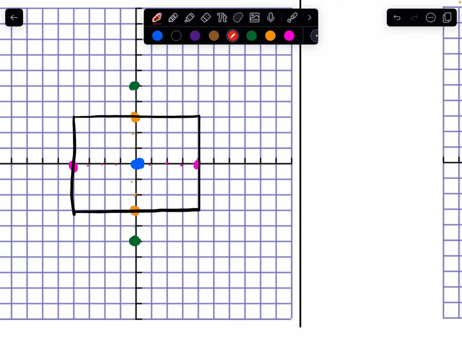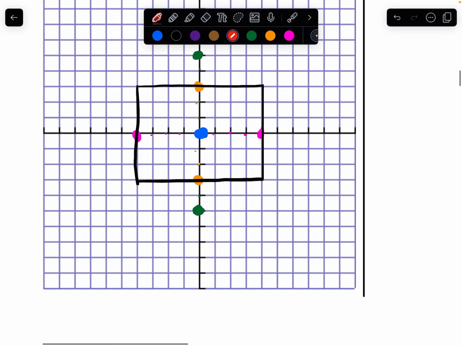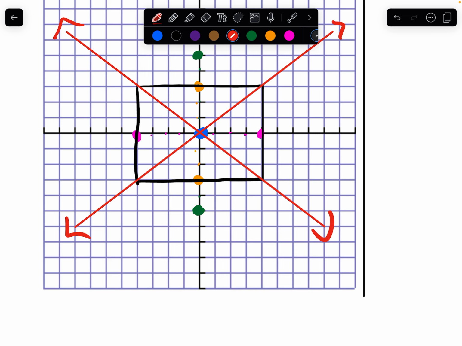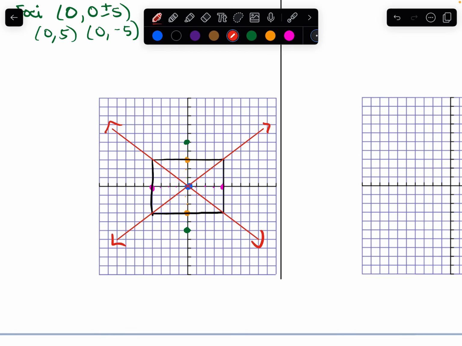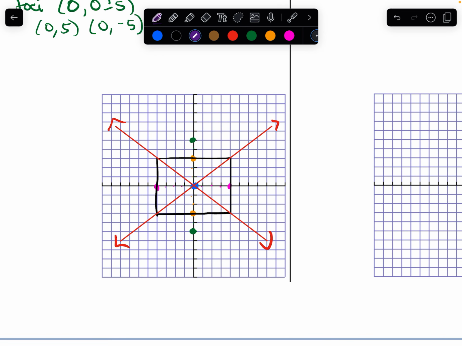Okay, and I drew those. Notice how for those asymptotes, all I had to do was draw the box, and it'll take care of it.